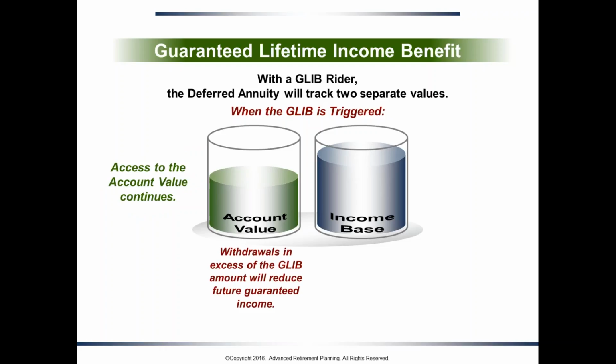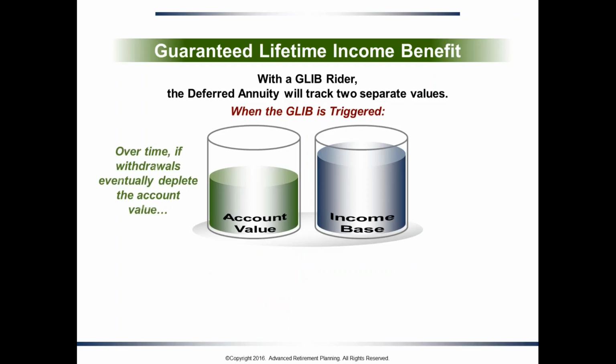This guaranteed income stream, they've got this account, that account reducing every year as a result of these income payments, but they also know that if some catastrophe happens, if they really need to, they can still access more of that account value, even knowing it's going to reduce their future guaranteed income. You guys with me so far? Yes, I am. Okay.